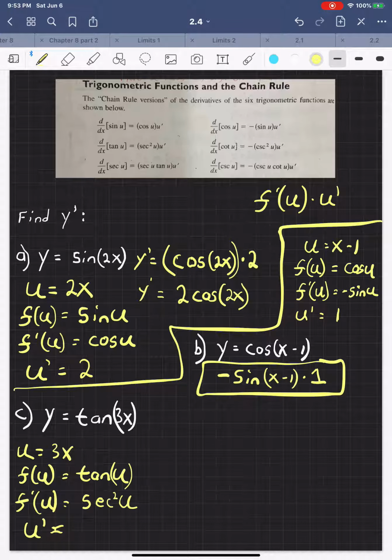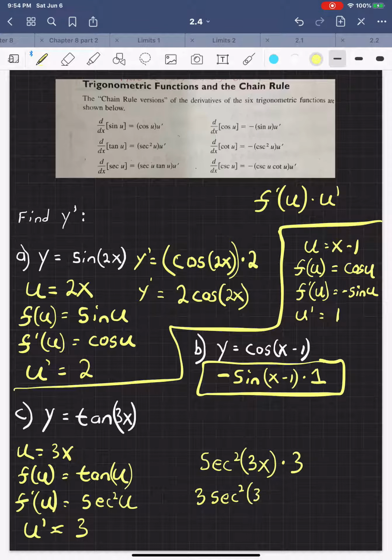And the derivative of u is 3. So all said and done, f prime of u times u prime, I'm going to get secant squared, but instead of having a u, I'm going to put my 3x back in, and that's times u prime, so times 3. All right, so this is my answer, 3 secant squared of 3x.